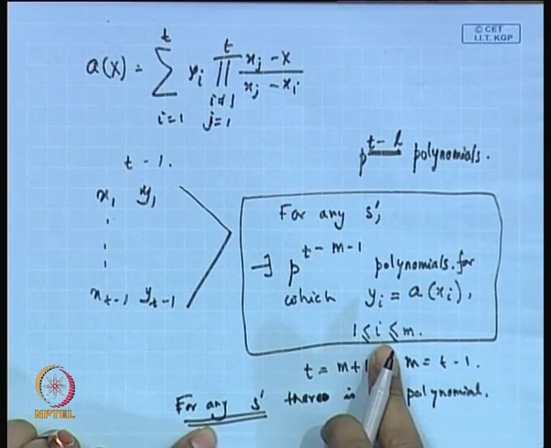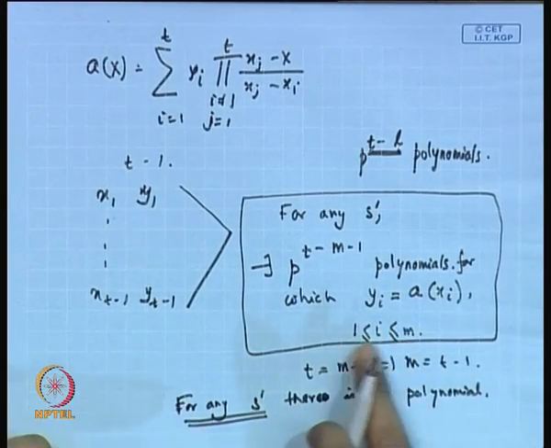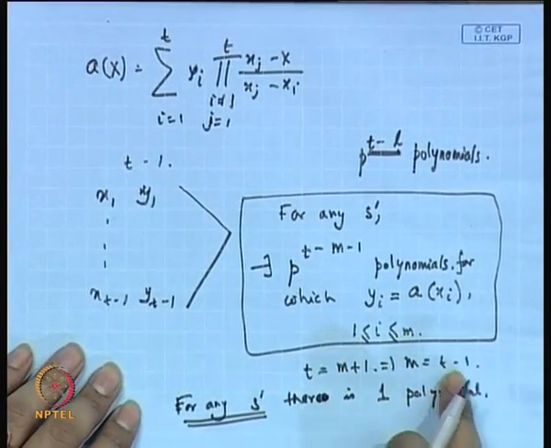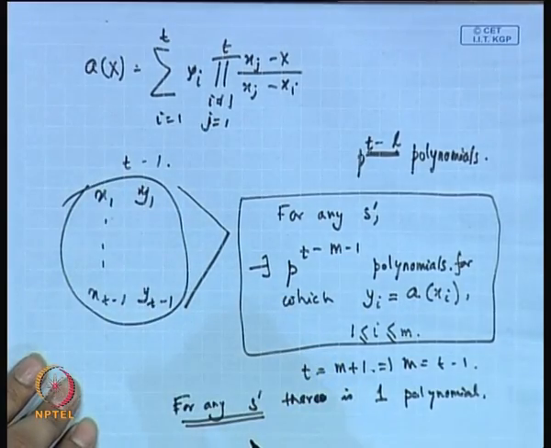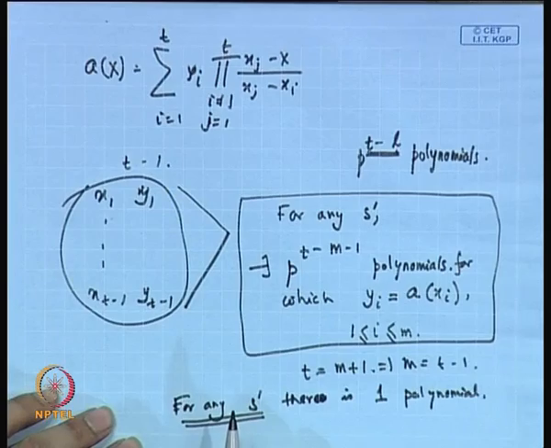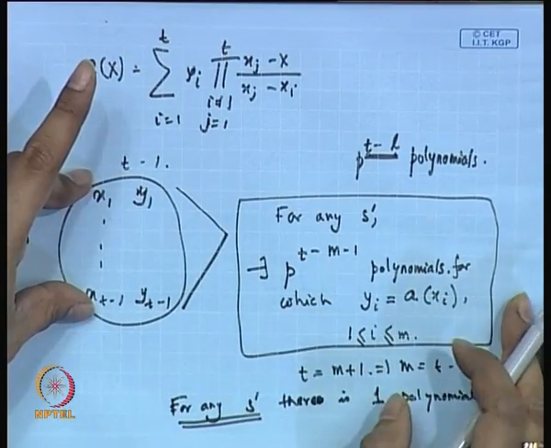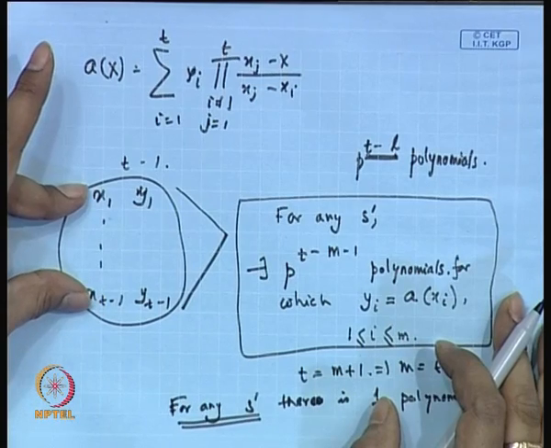Therefore, these t minus 1 shares are not leaking any information whatsoever about the secret, because whatever secret you can think of, from 0 to p minus 1, there exists one polynomial for which this matching holds.